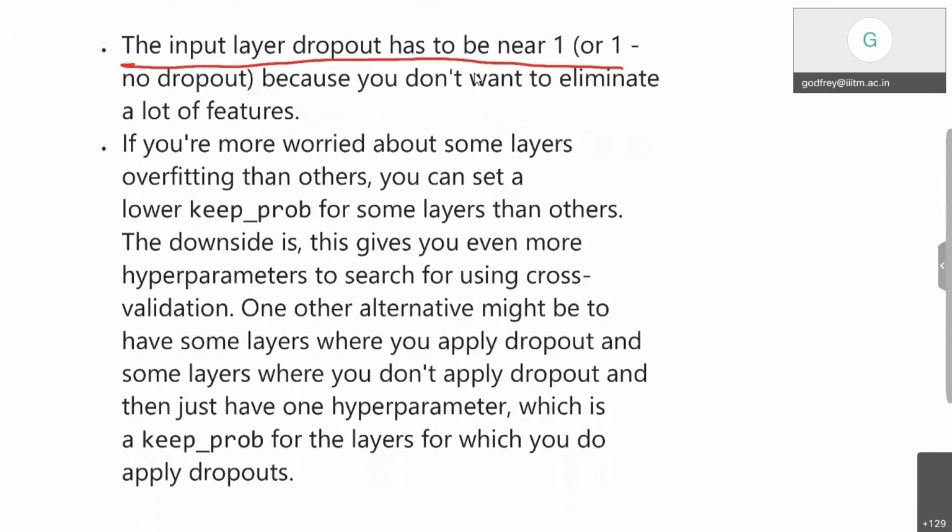Now the downside is that it gives more parameters. Say you have 100 or maybe 20 layers. If you have different dropouts for every layer, this becomes another hyperparameter that you have to search. So dropouts become another hyperparameter.